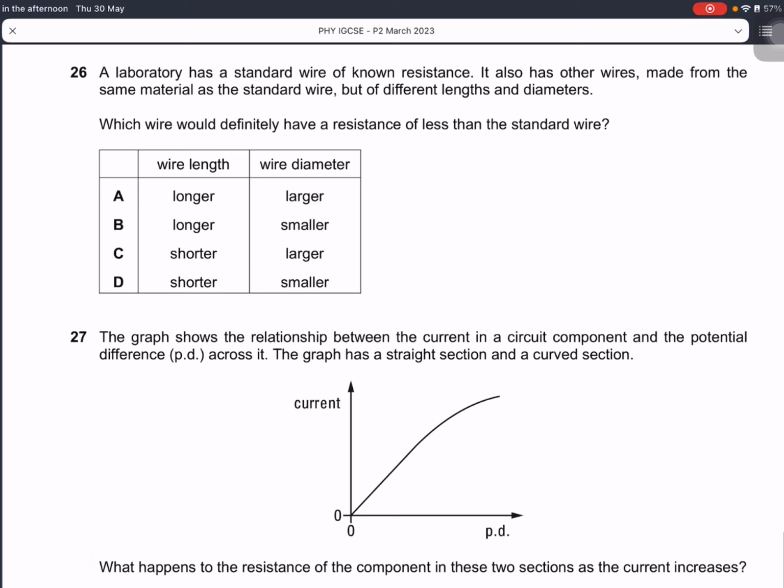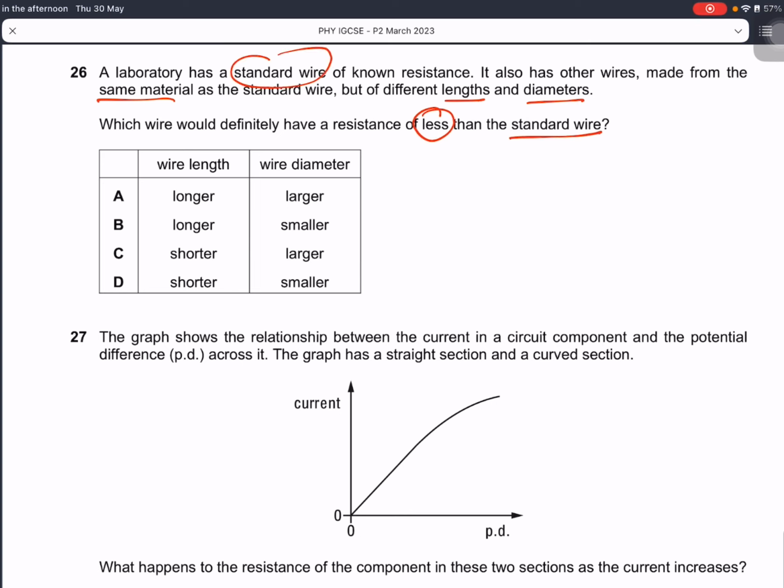Question number 26. A laboratory has a standard wire of known resistance. It also has other wires made from the same material as the standard wire but with different length and diameter, so different length and area. Which wire would definitely have a resistance of less than the standard wire?